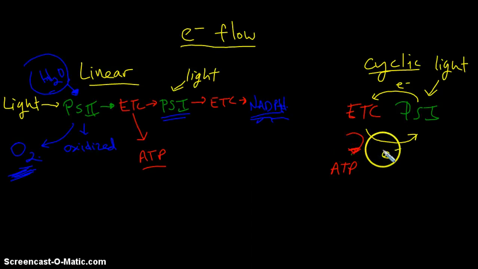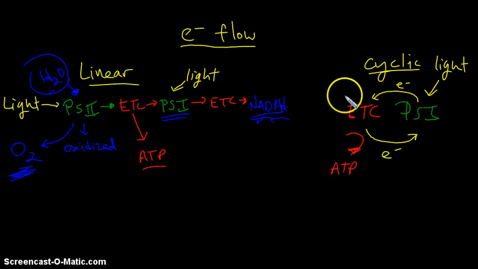That's used to produce a little bit of ATP. Low energy electrons are passed back to photosystem 1. It gets excited and passed back. It's thought that the purpose of this is to provide a photoprotective element to plants to help prevent the buildup of damaging products from the earlier steps in the light reactions.